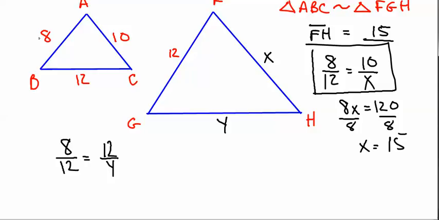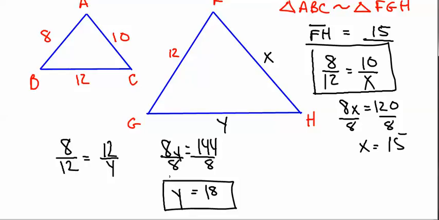She did left side of the small over left side of the big equals bottom of the small over bottom of the big. As long as you follow that pattern, small over big, left over left, bottom over bottom, you can crisscross multiply and you're going to get 8y equals 144. Divide each side by 8 and y equals 18. Okay?